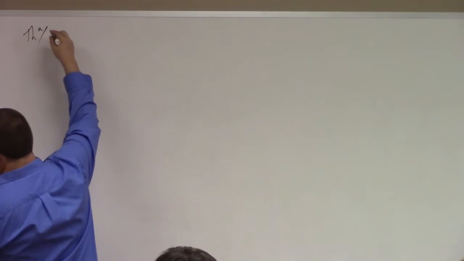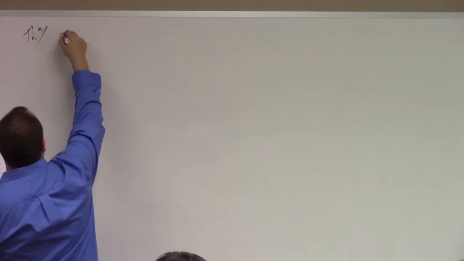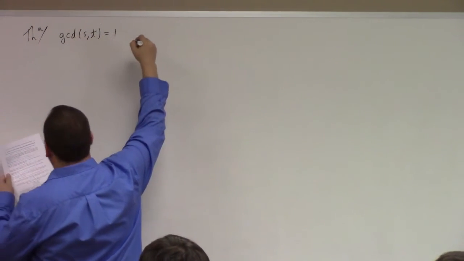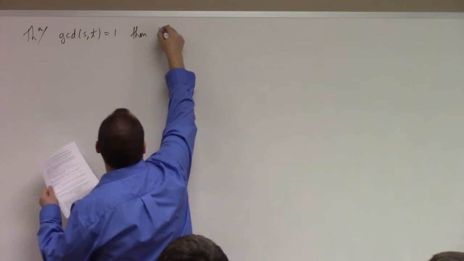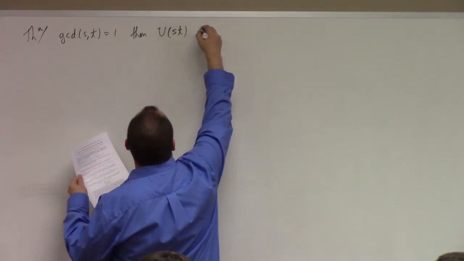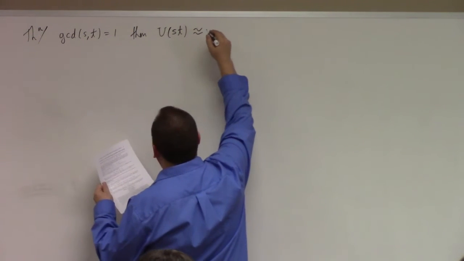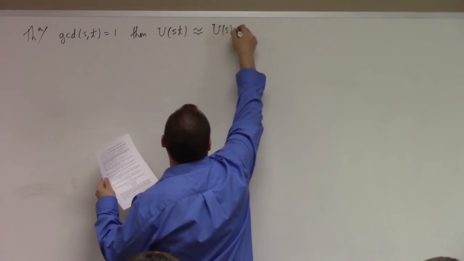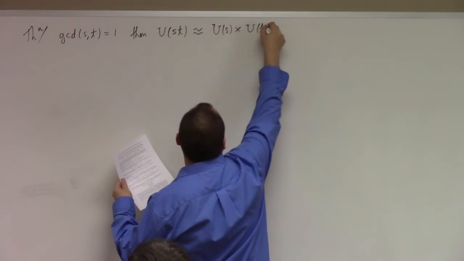All right, theorem. Suppose the greatest common divisor of s and t is 1. Then U of st, the group of units mod st, I should say, is isomorphic to U of s direct product with U of t.